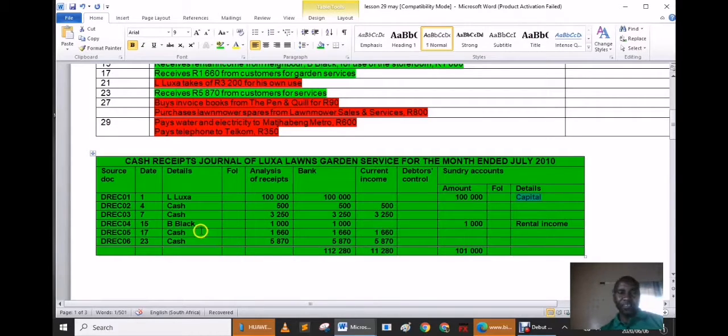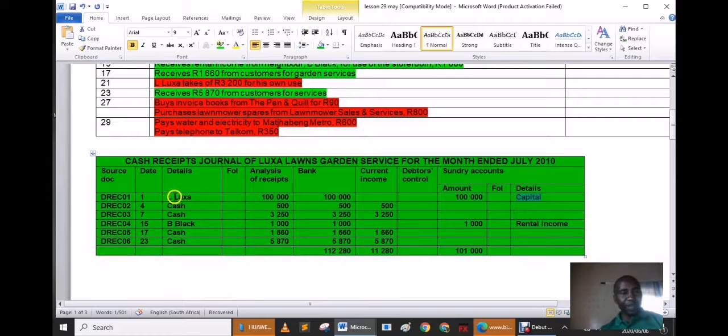But on day 15, this money was received for rent. So we'll have an account called rental income, or simply rent income, and rent income will belong to owner's equity, like we have noted. So doing a cash receipts journal is that easy.